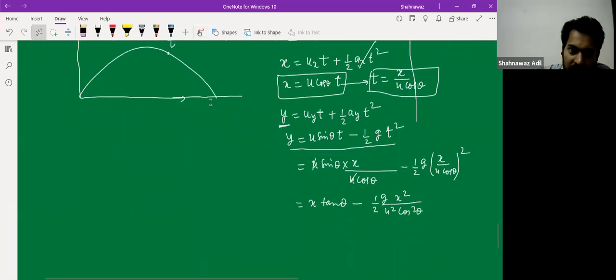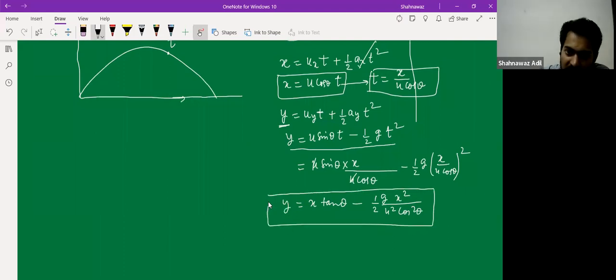Okay. Yes, sir. So this is the trajectory that I was talking about. It again is a function of x square, so it follows the parabolic equation again. Okay, so this again follows a parabolic type of path. Understood?